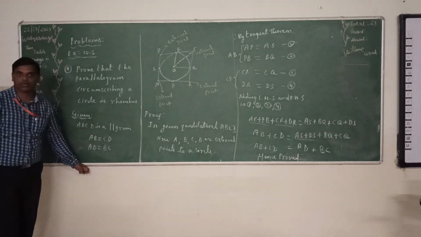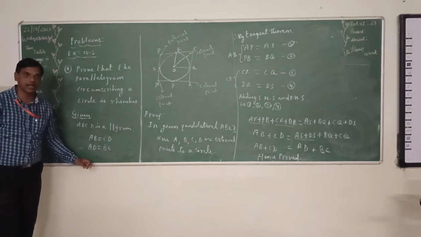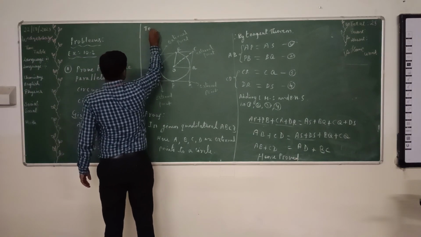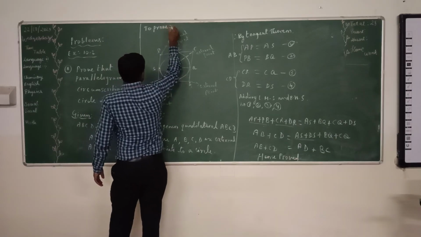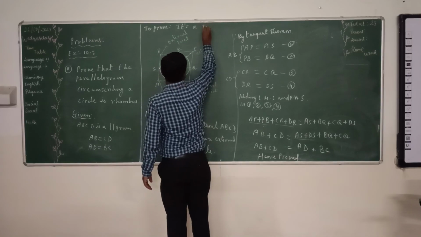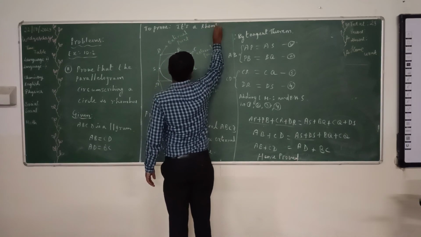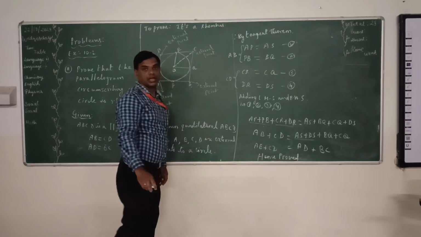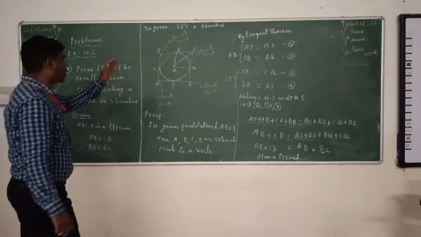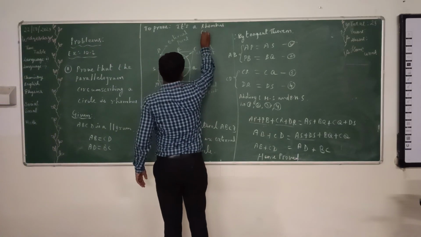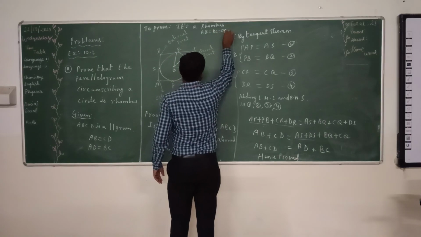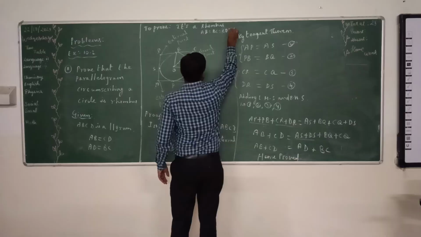Any doubt in this? Opposite sides are equal. Then what do we have to prove here? We have to prove it is a rhombus. Rhombus means all the sides are equal: AB is equal to BC is equal to CD is equal to DA.